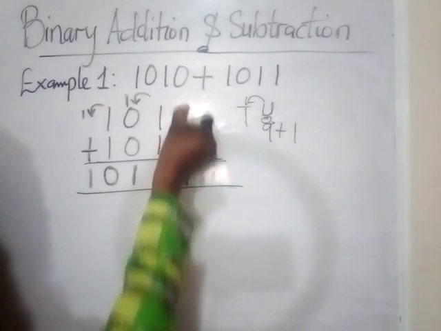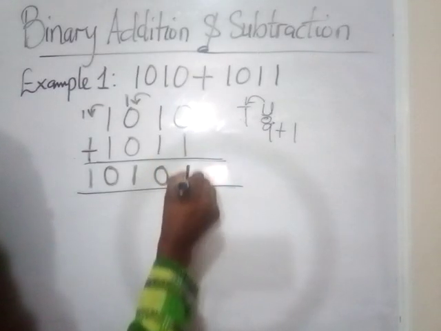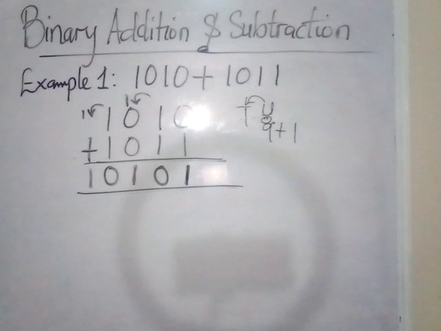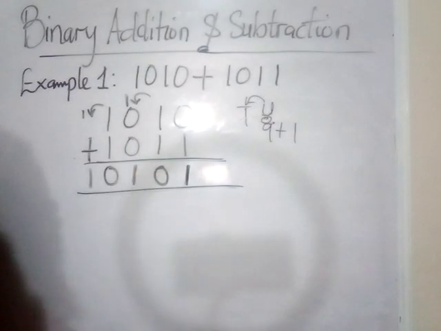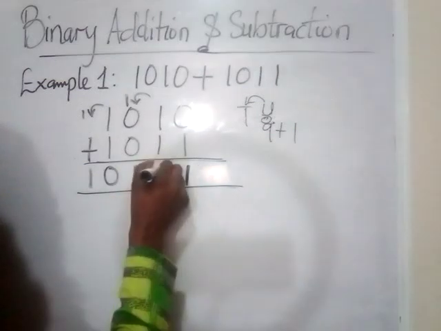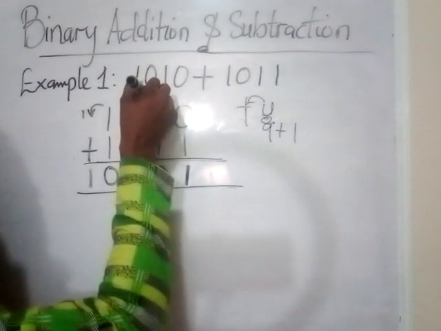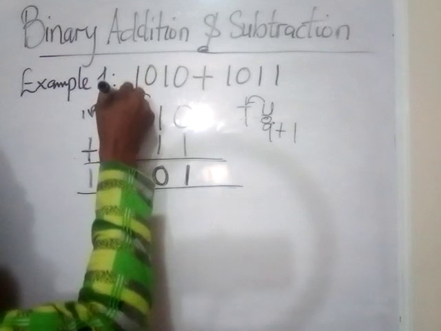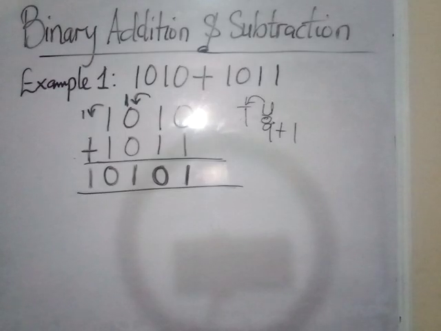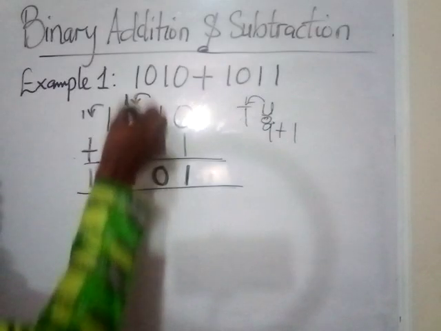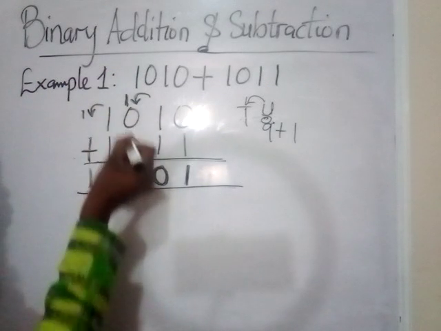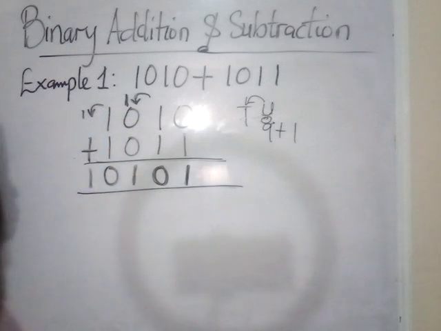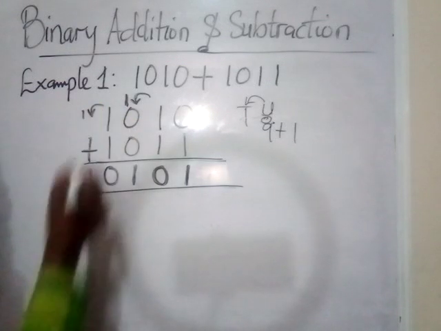So let's start addition. 0 plus 1 is 1. 1 can stay because 1 is a part of the binary numbers. Then 1 plus 1 is 2. But we know we can't write 2 here in the binary number. So that 2, we write down 0 and take it over here as 1. You write down the 0 and you move it as 1 to the next position. So 1 plus 0 is 1. We have 1. Again, we have 1 plus 1.